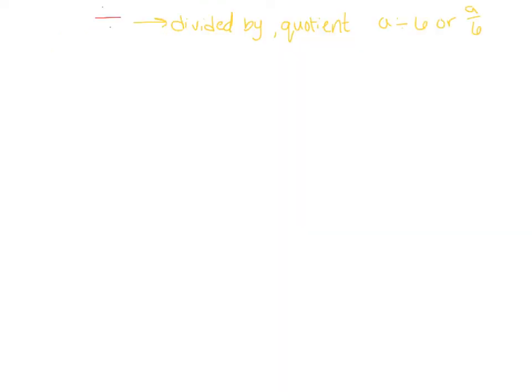So now we're going to look at example 1 together. Example 1 is translating verbal expressions into algebraic expressions. Example 1a shows us the product of 20 and t.